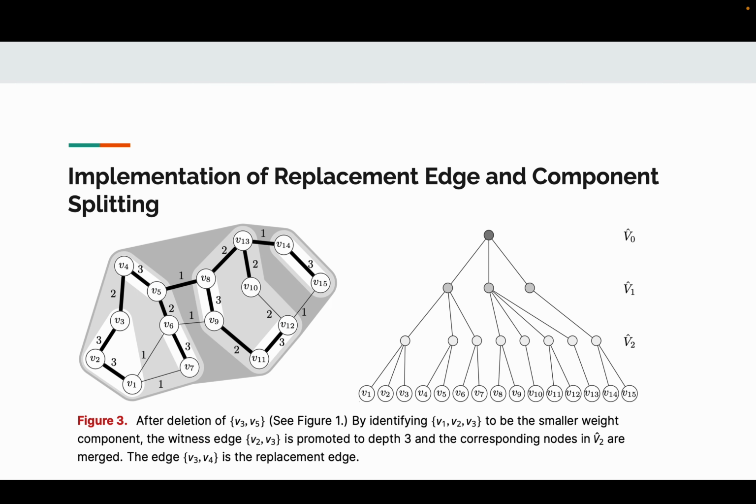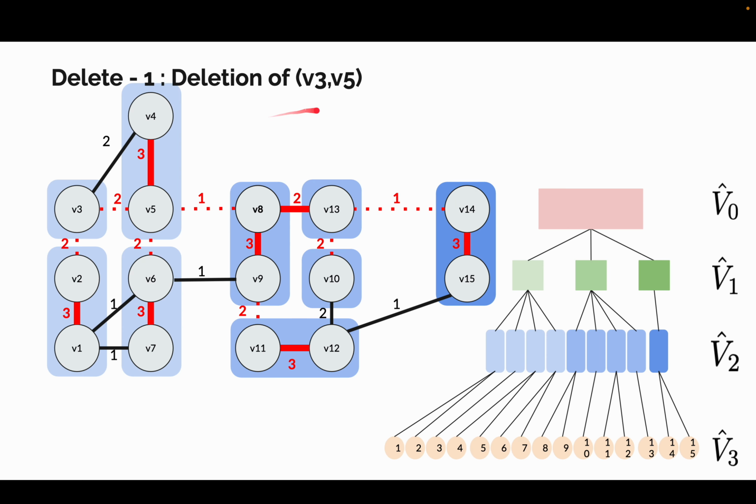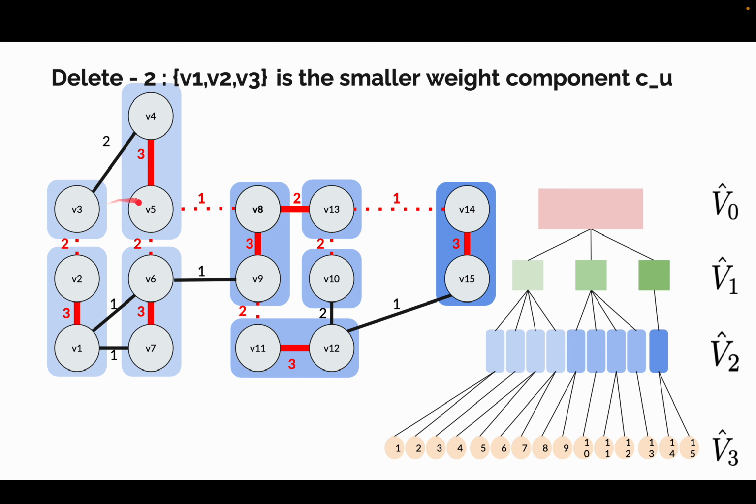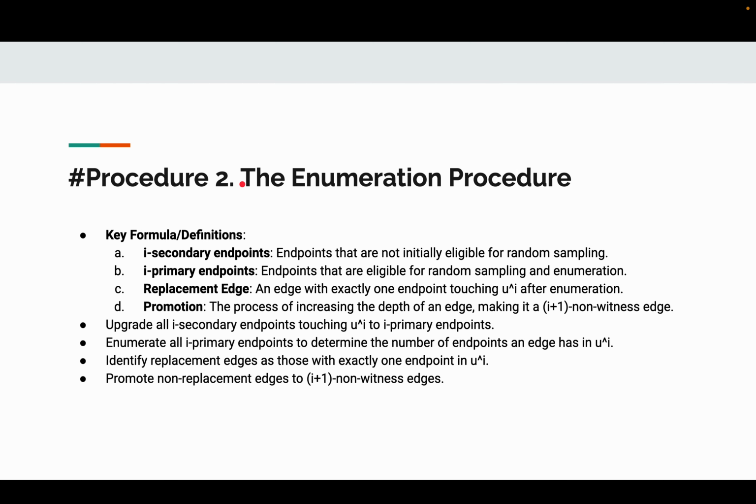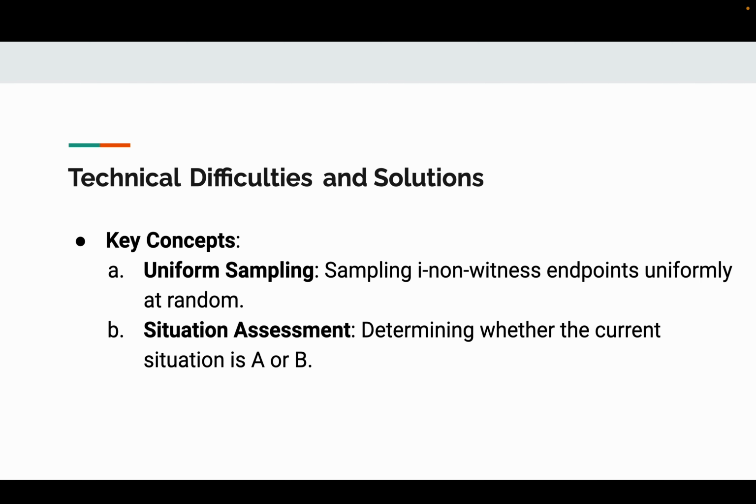All right. So for the same graph, suppose we want to delete the edge connecting V3 and V5, which is this edge. After the deletion, we are going to build CU and CV. How are we going to build them?